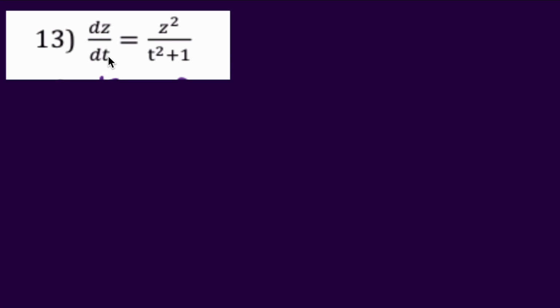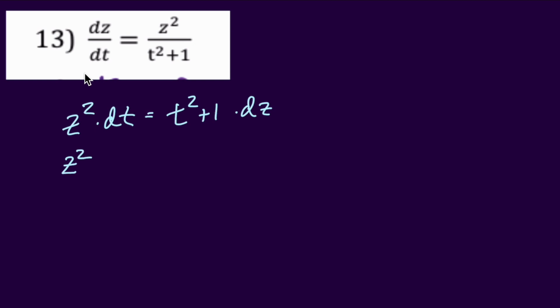Next, we have dz/dt, so we're going to be solving for z as in Zulu. So we can cross multiply here, then divide, or we can just go ahead, let's do that. So we're going to have z squared times dt equals t squared plus 1 times dz. So then we're going to divide by dz first on both sides.